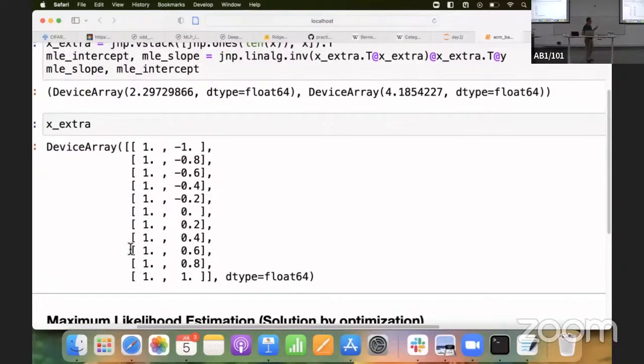You already had 1 column, but you have added an additional first column of ones. Why have we done that? Because f(x) is x transpose into theta. To incorporate the theta naught term, the bias term, it becomes more efficient to just directly do x extra transpose into theta.